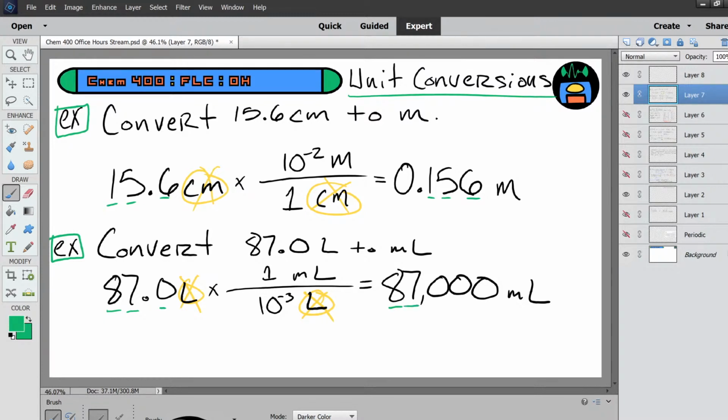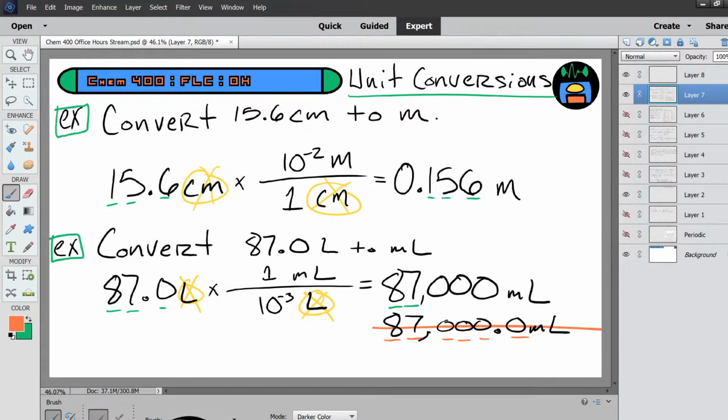And you'll notice that if you add a decimal place, you've gone from 2 sig figs to 6. So that's not correct. But 2 sig figs is equally incorrect. Now, how do you write 87,000 with 3 sig figs?